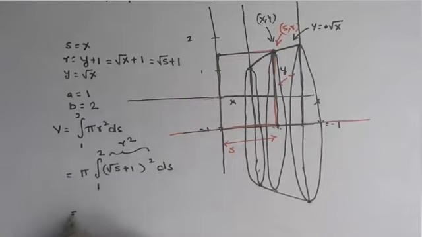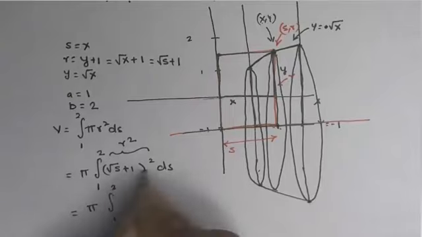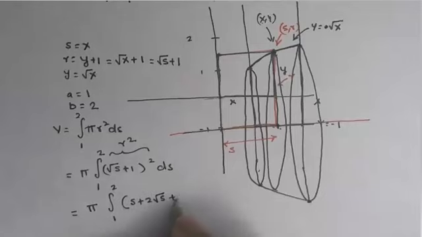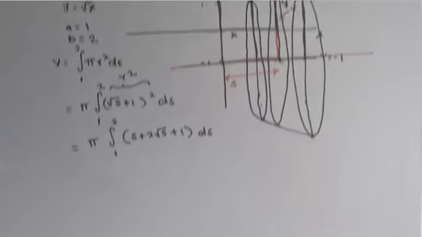Okay, now we just have to do this, and all right, I'll do this. So 1 to 2, we expand the square. Square root s squared is s, plus 2 square root s, plus 1, ds, which is of course very similar to the integral we did last time.